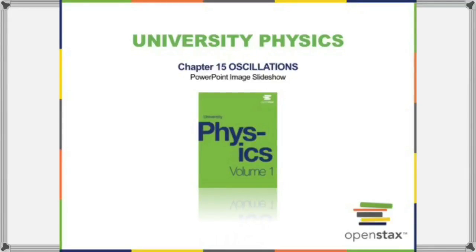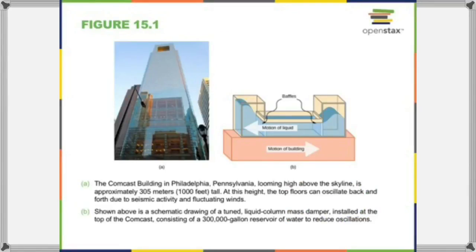Now, oscillations, we see it in daily life, but I want to start with something that you don't really see. I like the PowerPoint that this chapter has presented me with. It talks about the Comcast building in Philadelphia, which is 305 meters tall, really tall.